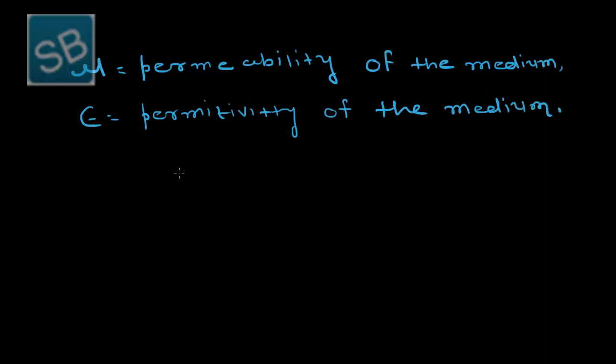Now with this, the velocity of light means c is depending upon the electric and magnetic properties of the medium.